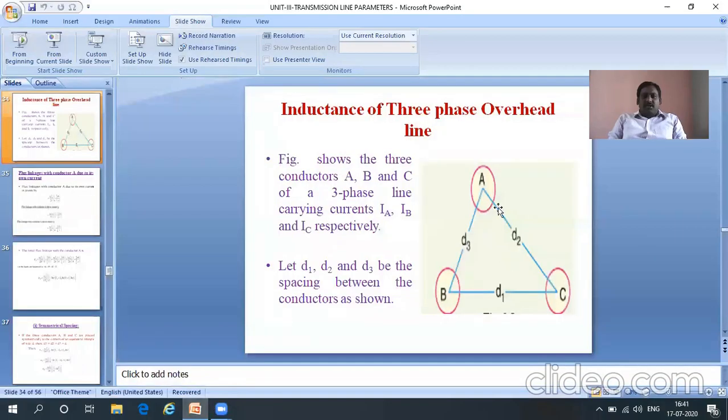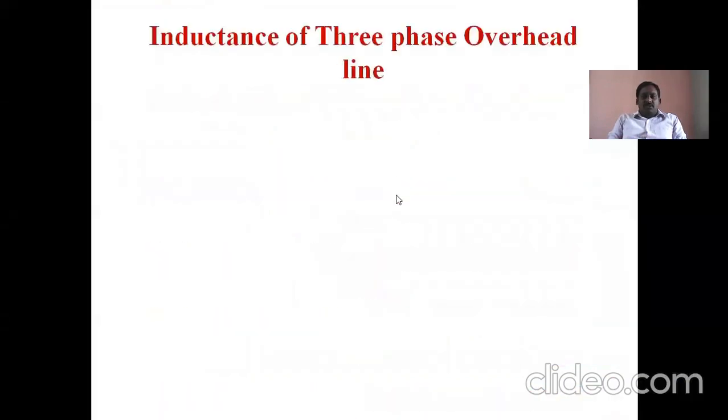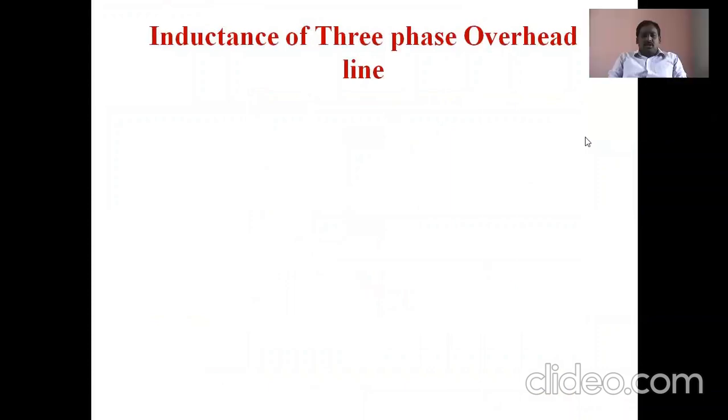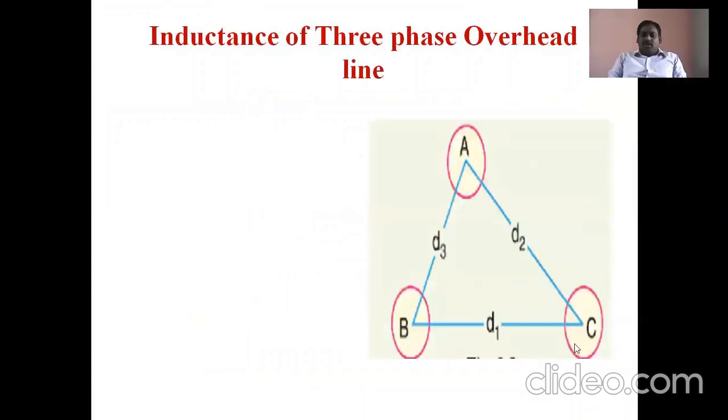In the same manner, in a three-phase system, three conductors exist. If we observe the three-phase system like this, the three conductors, conductor A, conductor B, conductor C, are equally spaced in the form of an equilateral triangle.